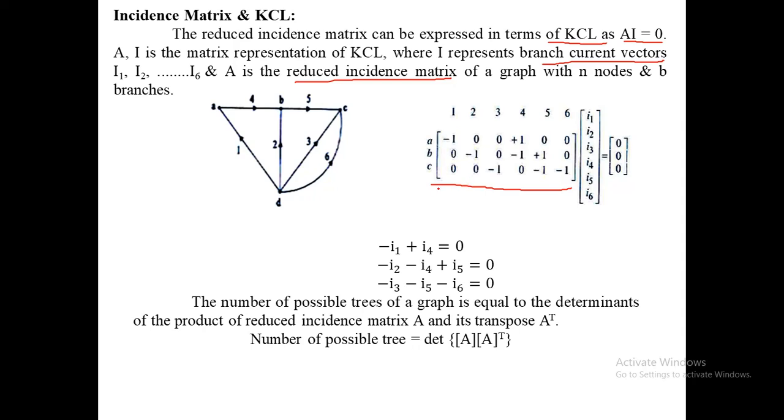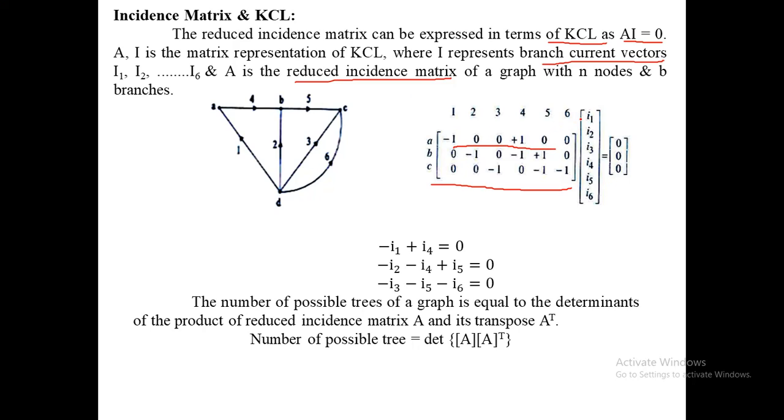For that we have to write the reduced incidence matrix A into I, where I is the branch current, I1 to I6, equal to 0. From that we can get the KCL equation as this row into this column.